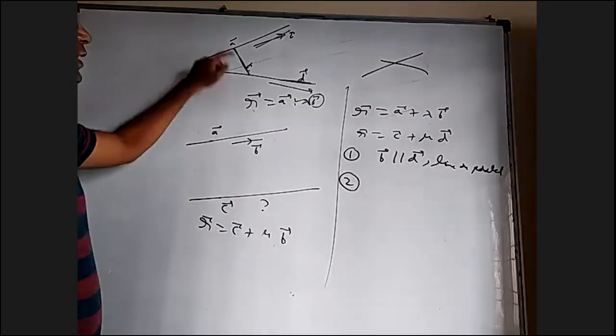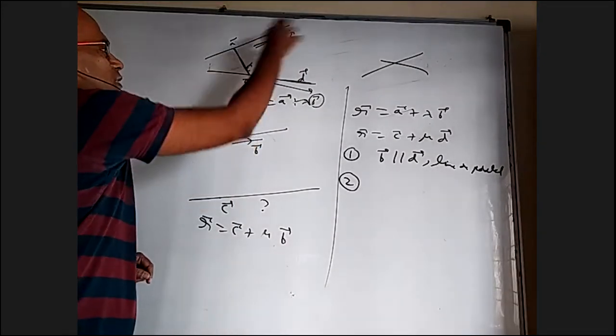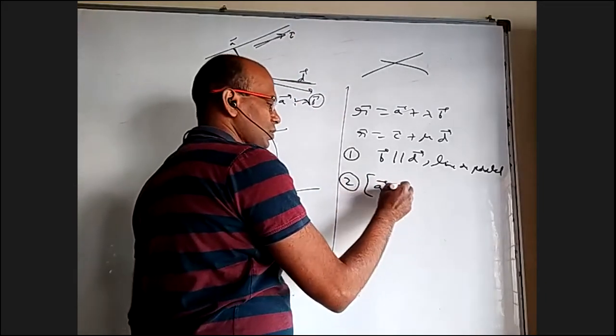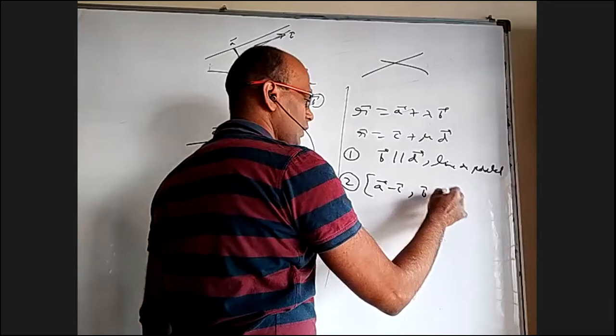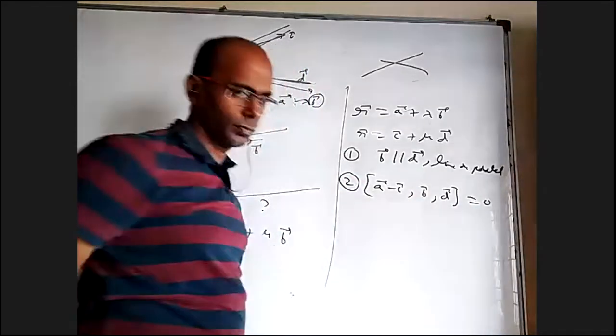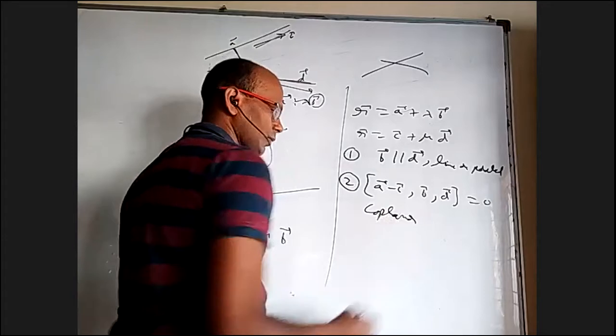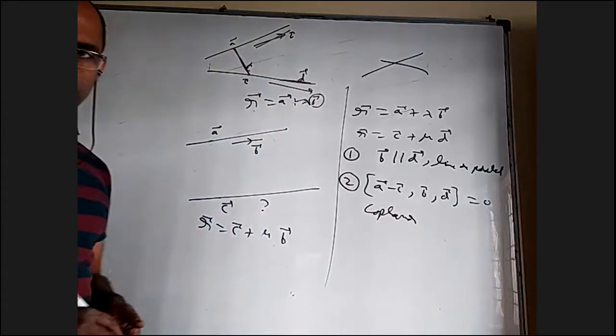What is this vector? A minus C vector. This is B bar, this is D bar. So if three vectors are coplanar, the box product is 0. So if the box A minus C, B bar and D bar is 0, then the two lines are coplanar. Right?